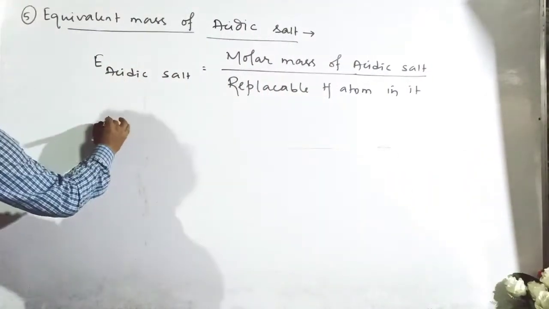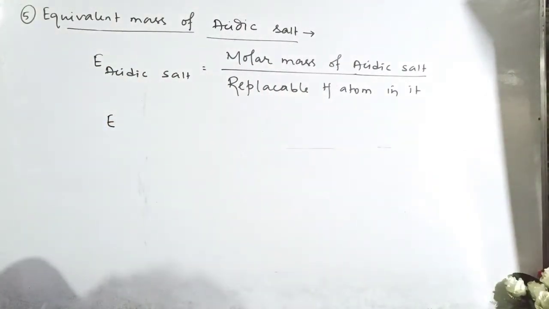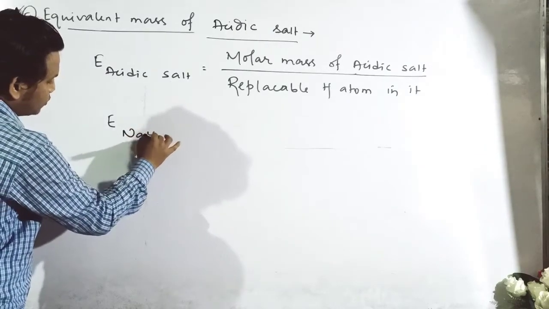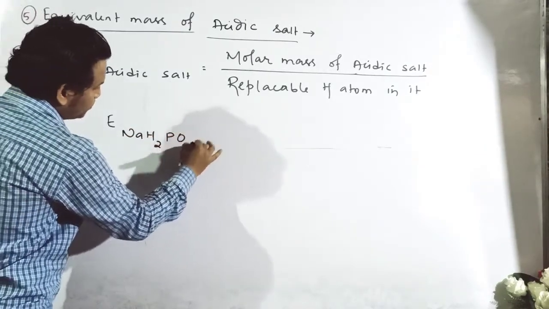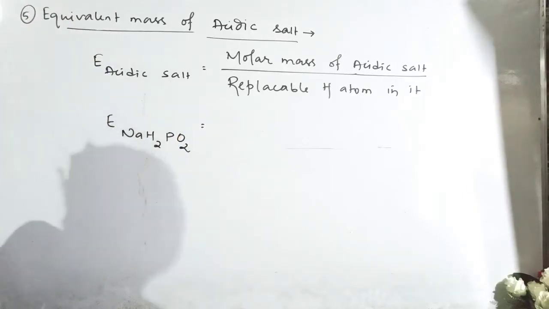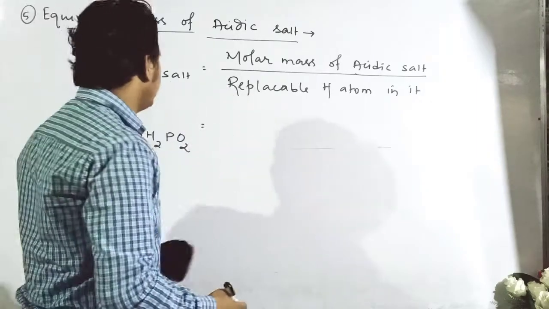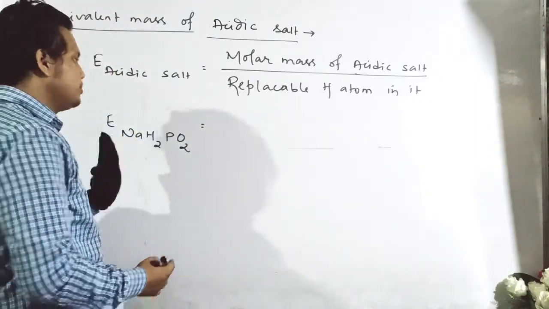Okay. So first take 2 examples. Suppose we have considered to find the equivalent mass of this NaH2PO4. Now, first, what is the molar mass? You find the molar mass, and then how many replaceable hydrogen atoms in it are present.